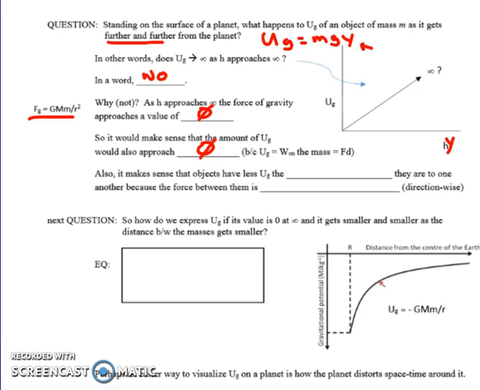Now, a more subtle aspect as to why it wouldn't make sense for potential energy to approach infinity is that we would expect objects to have less potential energy the closer they are to one another, because the force between them is attractive.